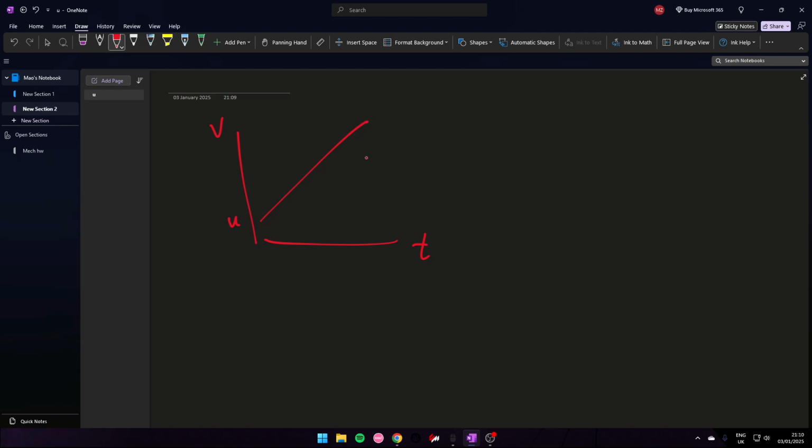So the first one we're going to start off with is v take away u over t is equal to a. This is the formula for the gradient, as the change in y is v take away u, and the change in x is t take away 0, which is essentially t.